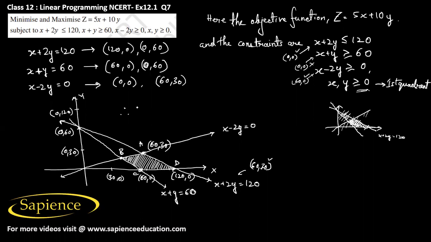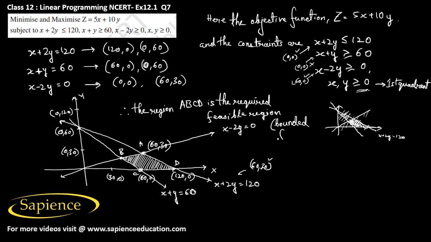So therefore here the region ABCD is the required feasible region. And this region is a bounded feasible region, since I can enclose this feasible region within a circle. So it is called a bounded feasible region.